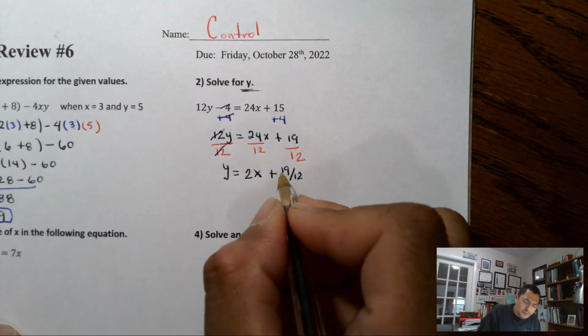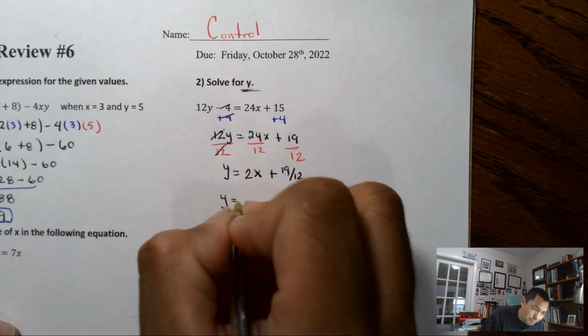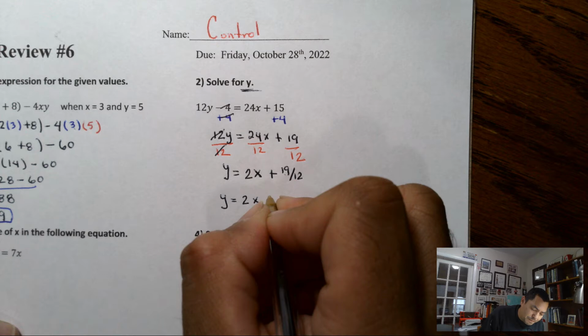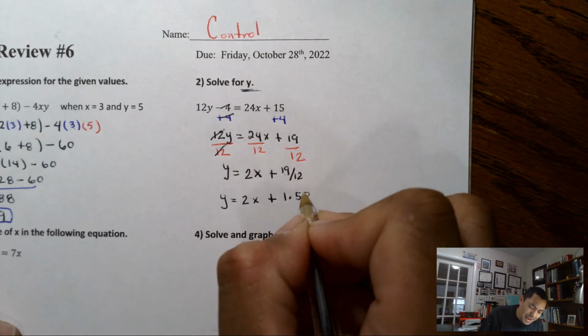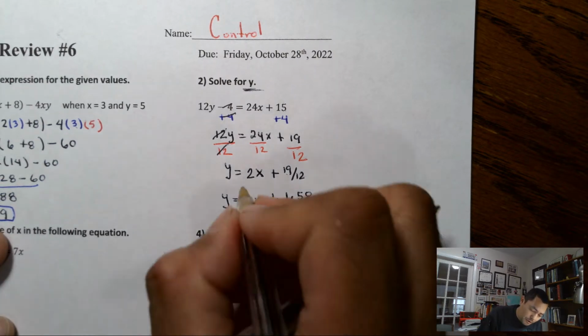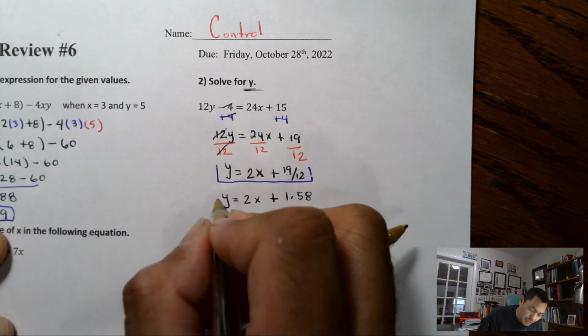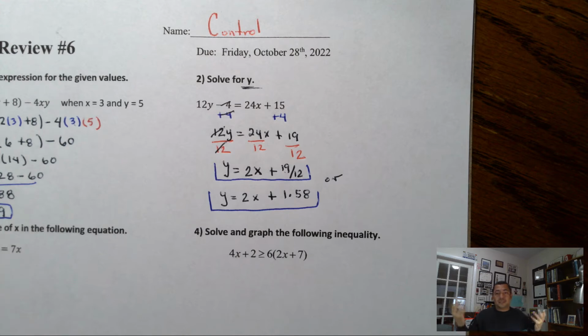So if you do 19 divided by 12, you will have something like y equals 2x plus 1.58 if I round to the nearest hundredth, which is usually what is mostly asked when you're solving your topic. So either of these two solutions is correct, so we just solved for y.